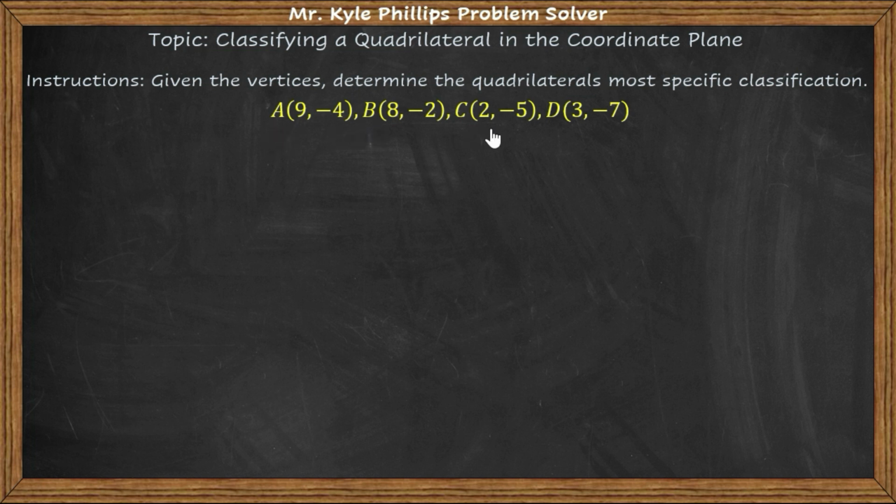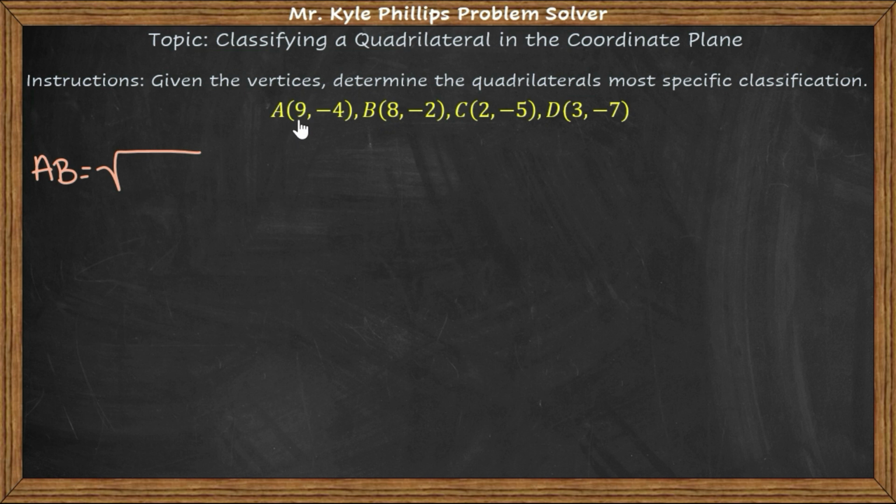First, we're going to have to figure out the distances between each point. So here for A to B, we're going to use our distance formula. Now, when you think distance formula, don't worry too much about x2 minus x1. The easiest way to do this is to think about the distance between the points.